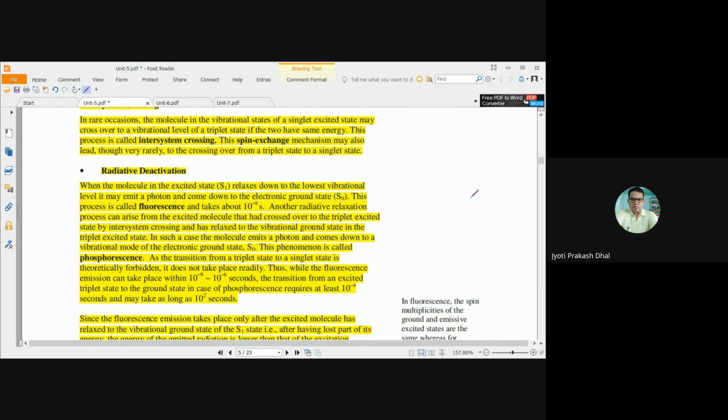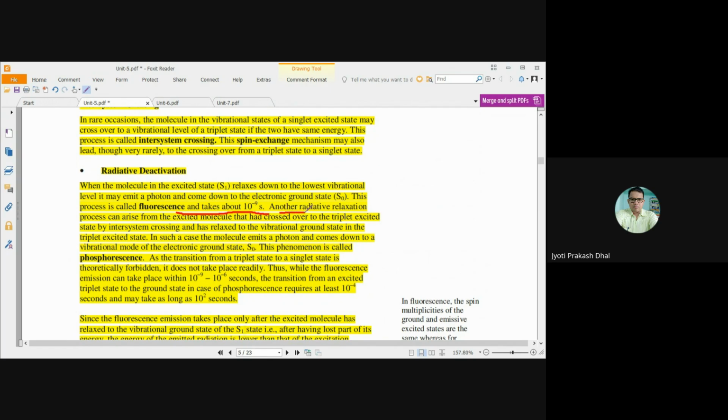That means when the molecules come back from the ground vibrational energy level of the S1 state to any vibrational energy level of the S0 state, that process is called fluorescence, and it takes place at about 10 to the power minus 9 second.